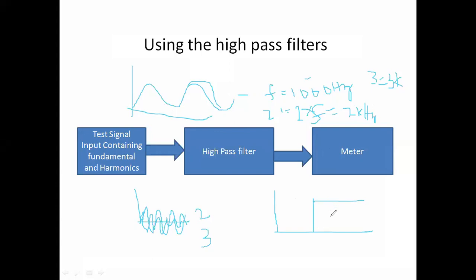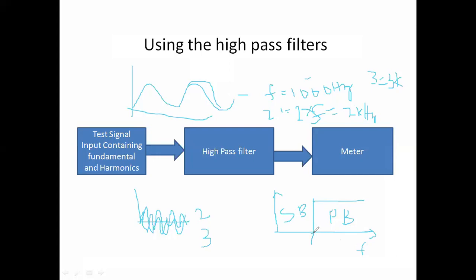This is the pass band, and this is the stop band. All of you know this very well, and this is the frequency f. Okay. So the pass band allows the frequency signals which are above this particular point.